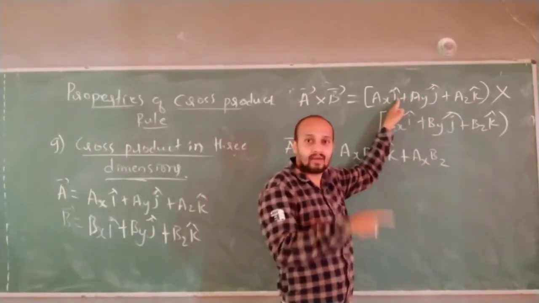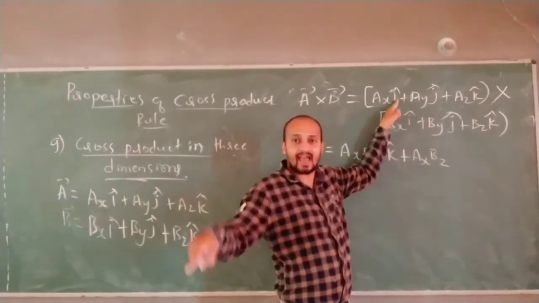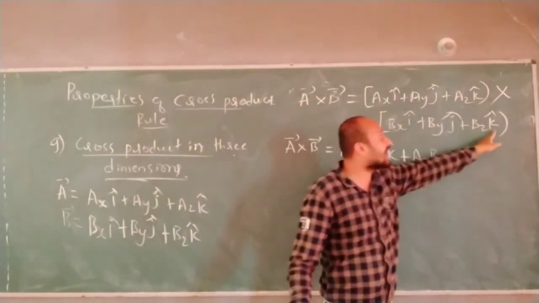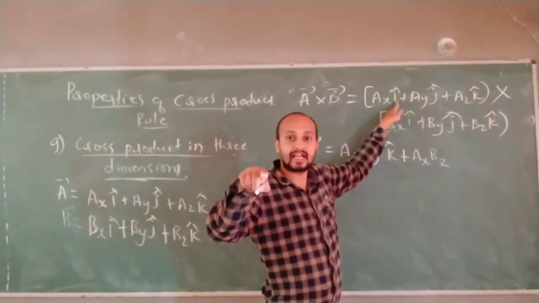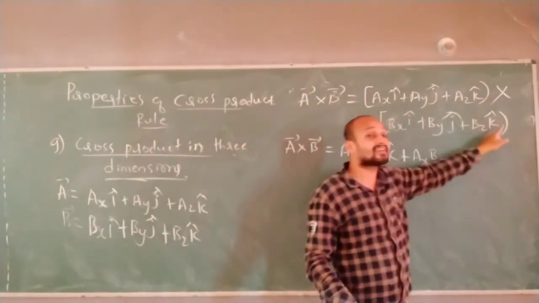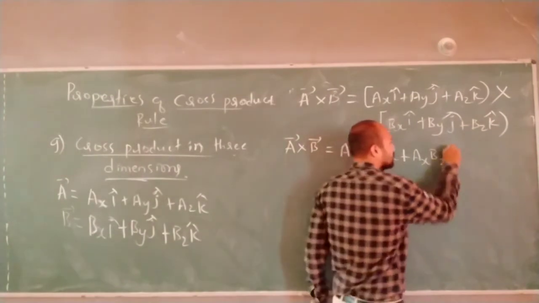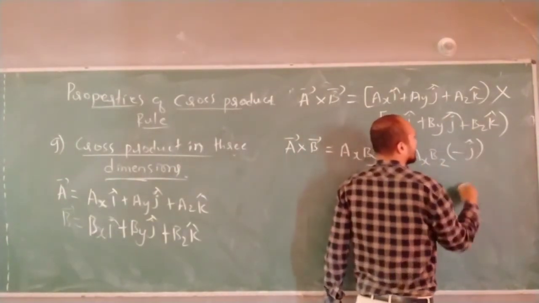After k, i again will come: i j k, i j k. Correct? So i cross k will become minus j cap. So this will become minus j.